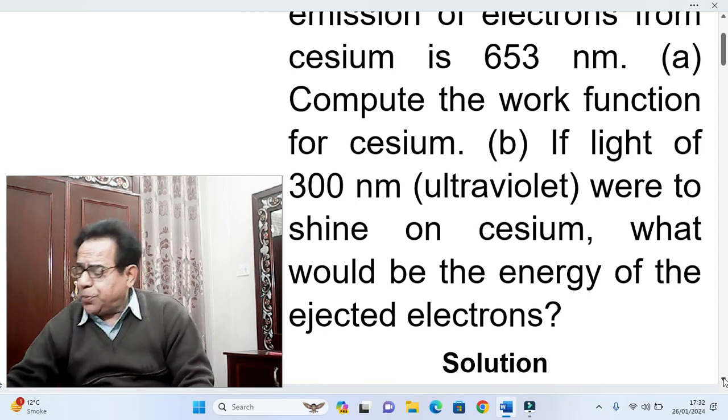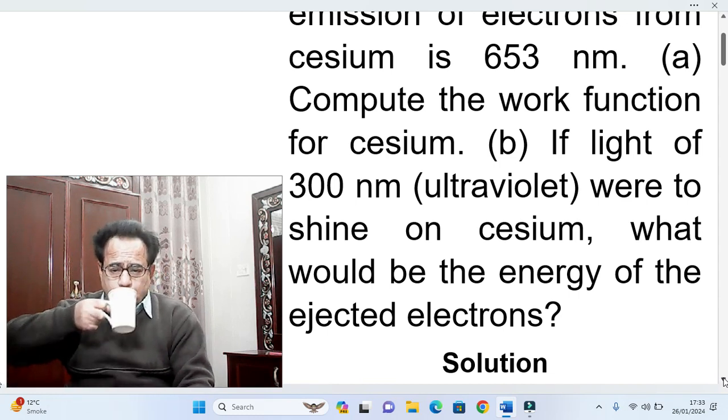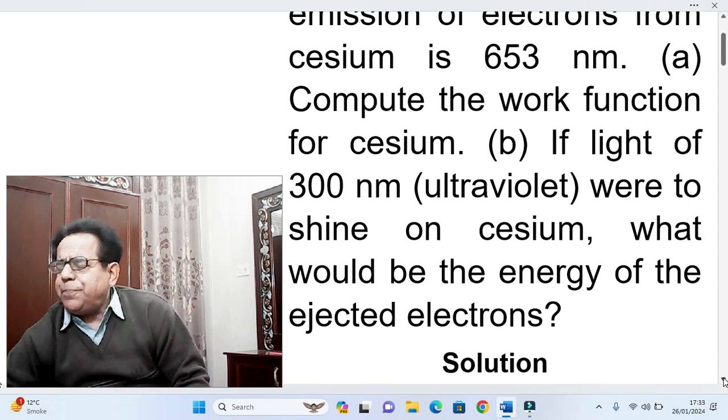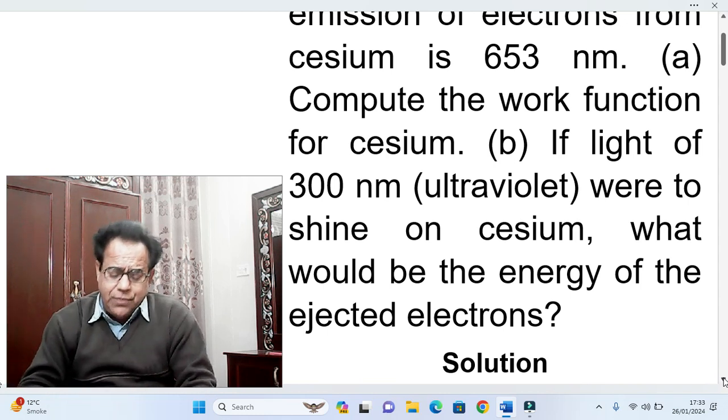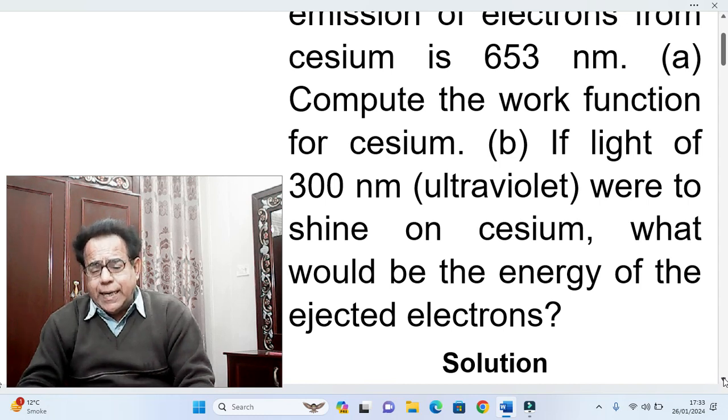Dear students, this problem is quite similar to our previous problem. The main difference is that in the previous problem the work function of cesium was given. In the statement it was given as 1.90 electron volt, and our table was showing 1.95 electron volt as the work function of cesium.